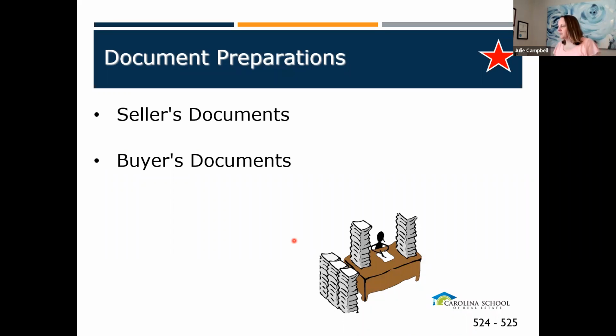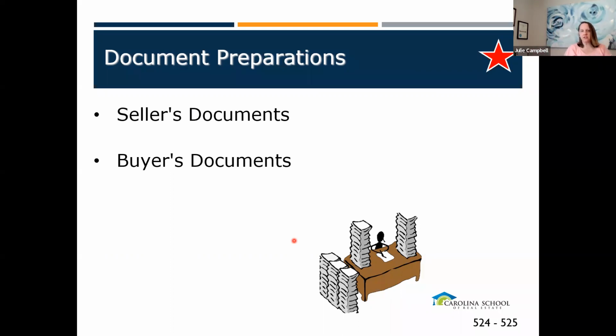Other buyer's documents, there's their new title insurance policy. One of the steps of closing is the attorney to notify the title insurance company about their opinion of title. The attorney tells the title insurance company, I've done my research, everything looks good. I think you can release title insurance.